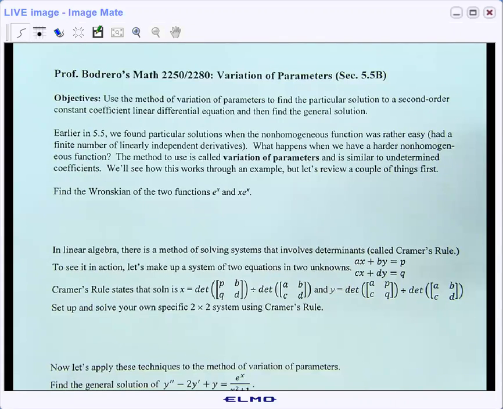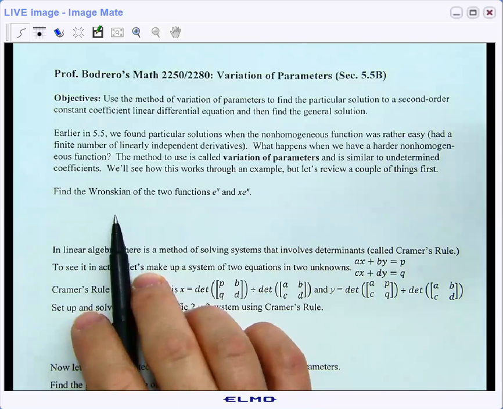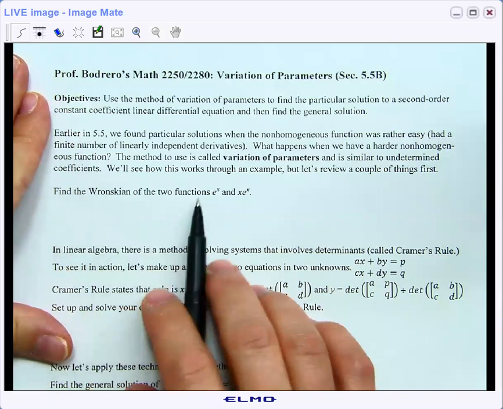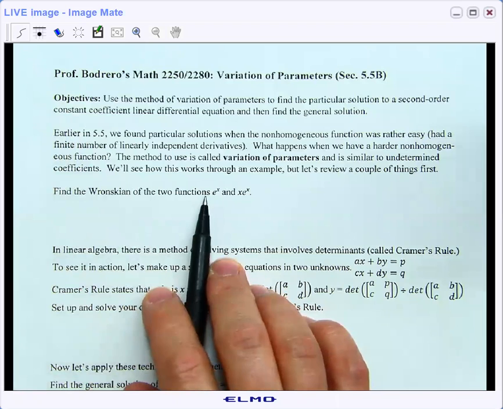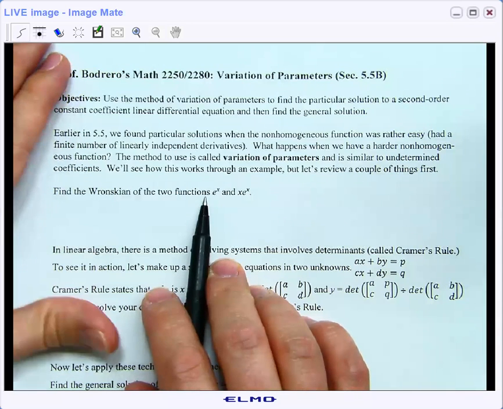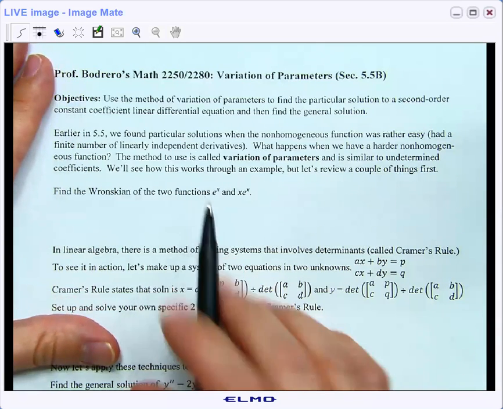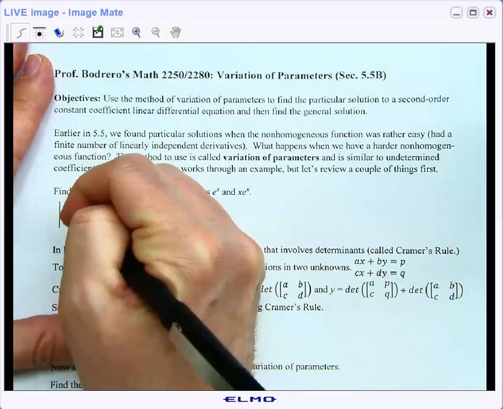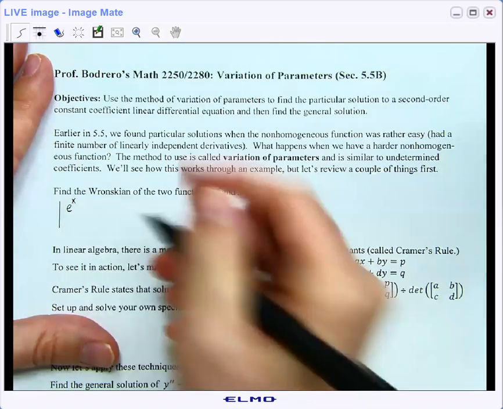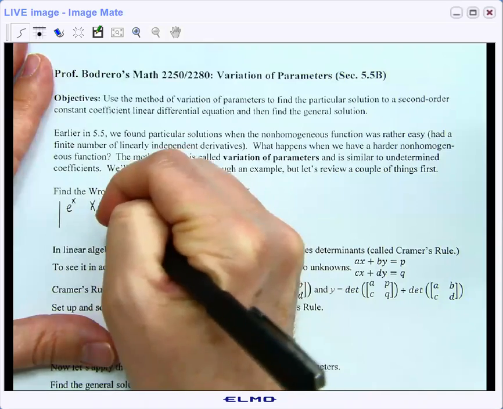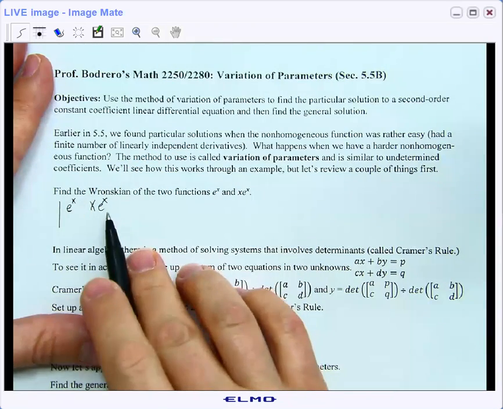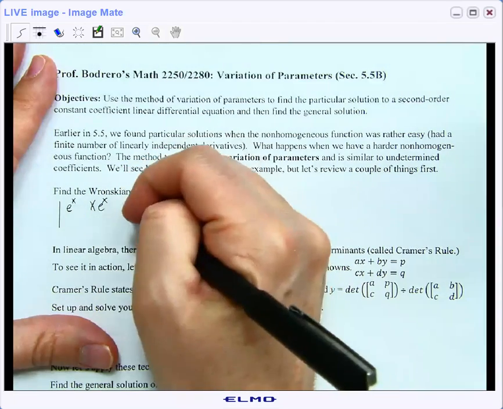Okay, and to do that, we're going to do a couple of things first, a little bit of review. The first thing that we're going to do is review something called the Wronskian of two functions. So it's our way to determine whether two functions in function space are linearly independent or not. And to do that, we create a determinant by taking the function, the next function, and if there were a third function, we put it here, and keep going.